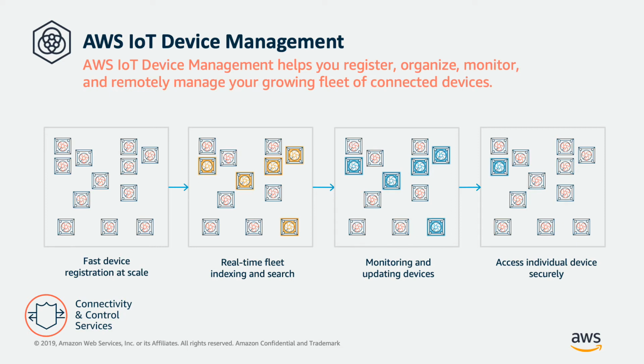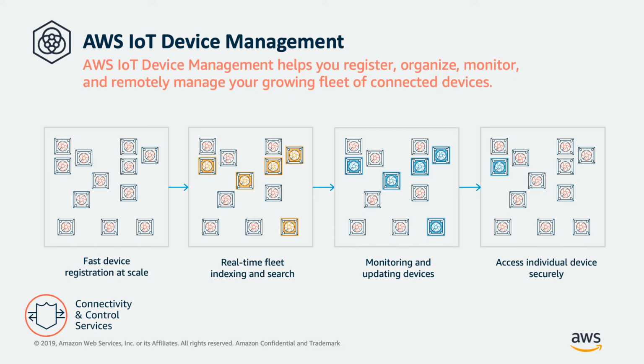You also need to secure access to your devices, monitor their health, detect and remotely troubleshoot problems, and manage software and firmware updates. AWS IoT Device Management makes it easy to securely register, organize, monitor, and remotely manage IoT devices at scale. With it, you can register your connected devices individually or in bulk and easily manage permissions so that devices remain secure.